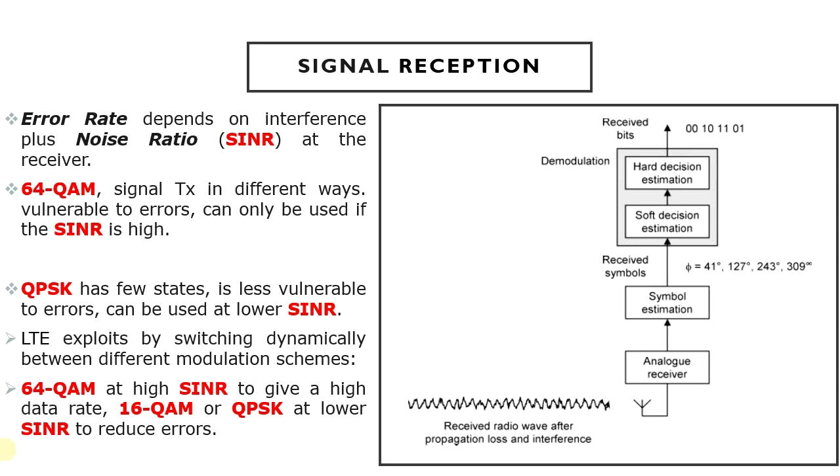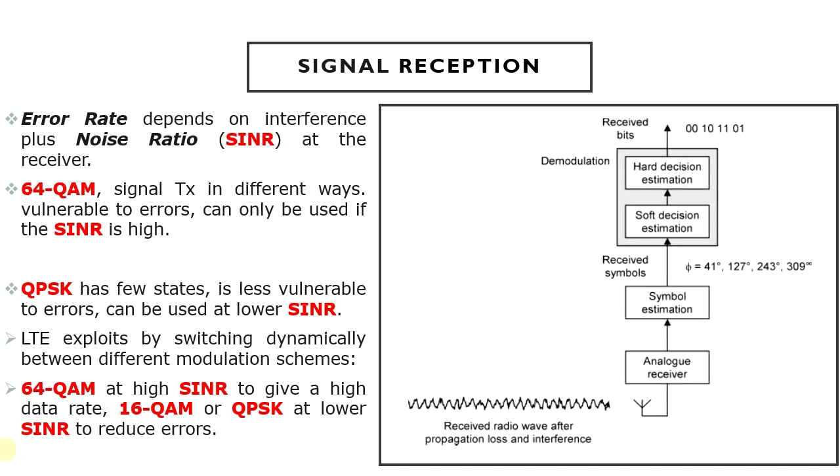The error rate depends on the signal to interference plus noise ratio at the receiver. In a fast modulation scheme such as 64 QAM, the signal can be transmitted in many different ways, using states in the constellation diagram that are packed closely together. As a result, 64 QAM is vulnerable to errors and can only be used if the SINR is high.